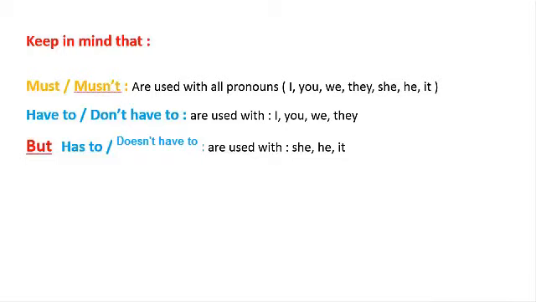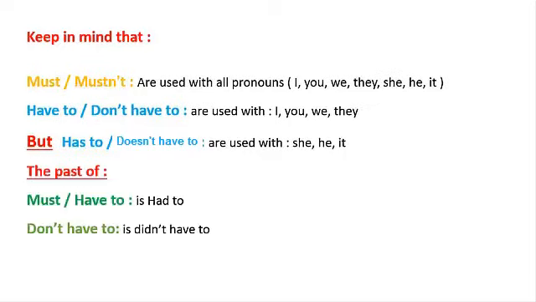It's just a quick revision, and I'm sure you know that. And keep in mind also that the past of must and have to is had to. If you want to express obligation in the past, you use had to. If you want to express absence of obligation in the past, you use didn't have to, which is the past of don't have to.